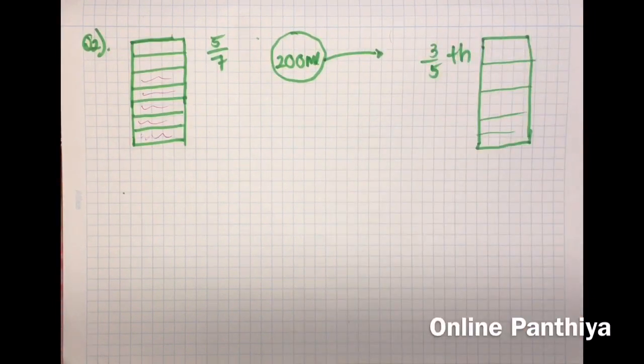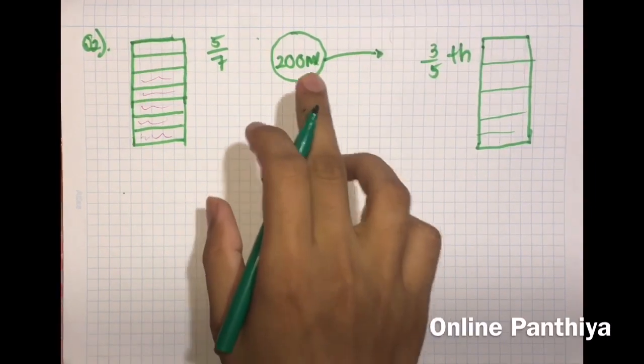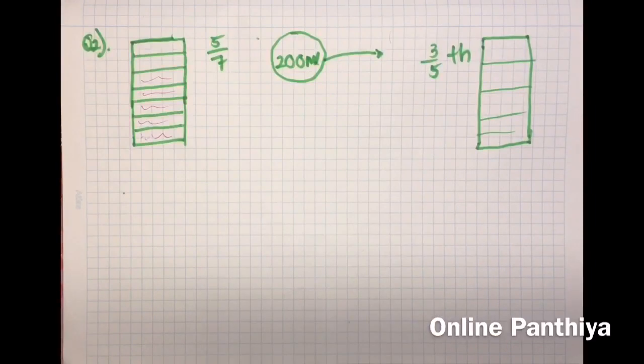Okay, now let us solve. They are asking you to find the total capacity of the tank. What is the total capacity? How do you find it? Now you know the amount used, right? In value you know the amount used, and also in fractions you can find the amount used.